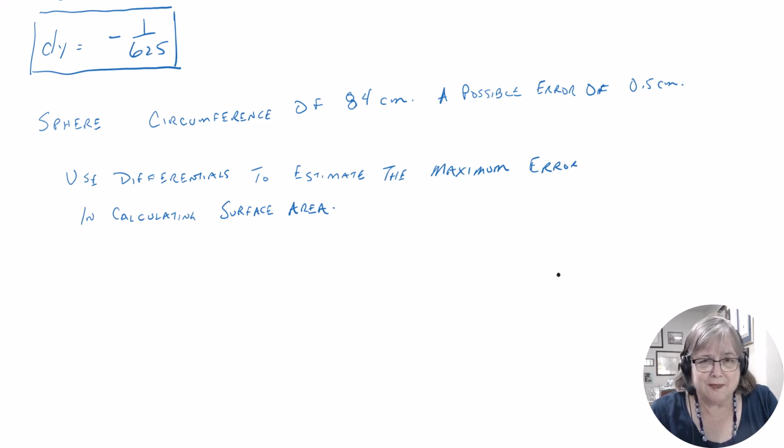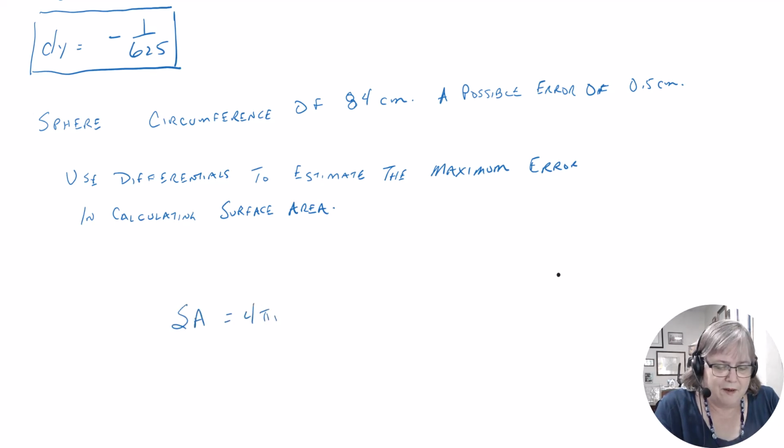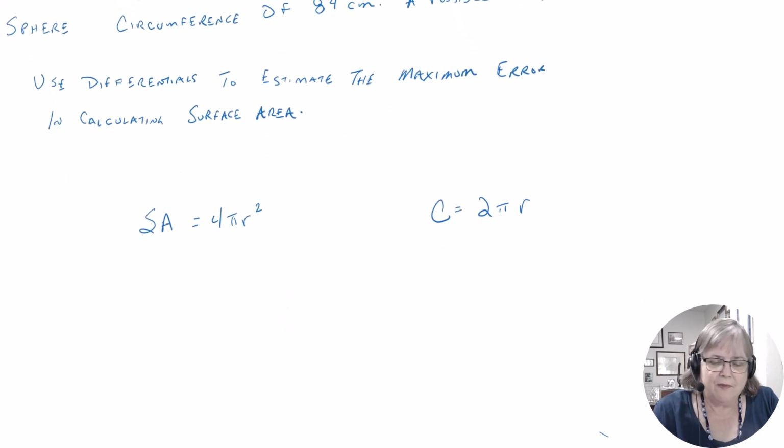Pretty tight tolerance because it's very expensive. So we're going to do a little calculation. And the surface area is 4 pi r squared. And we know that the circumference, interestingly enough, for a sphere is the same thing as the circumference for a circle.